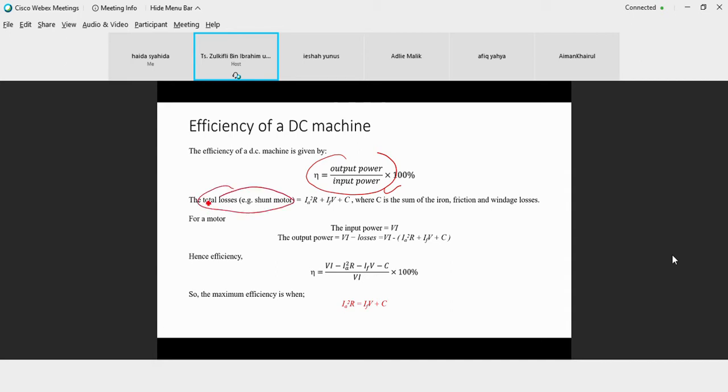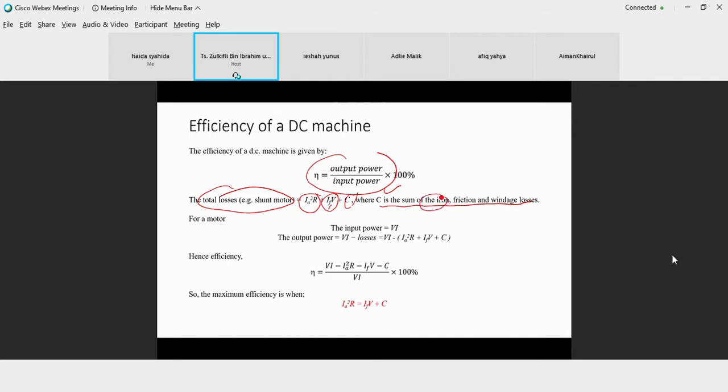So for example in a shunt motor, you have the armature losses of course, and you will have the field winding losses, and also C, which is the sum of iron, friction and windage losses. The things we can measure are I square R, which is the losses for the field, and iron losses.